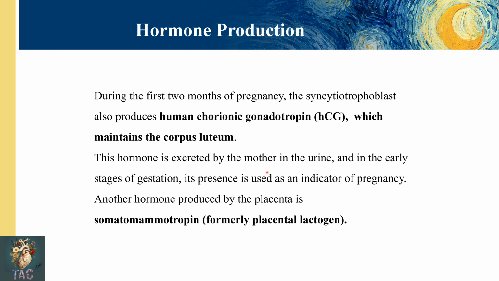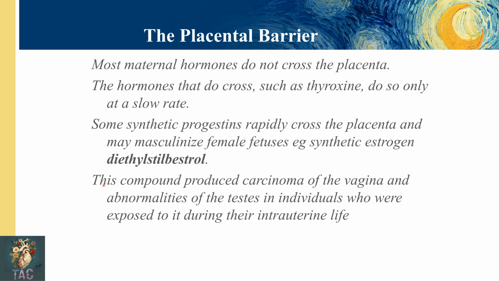This hormone is excreted by the mother in urine, and in early stages of gestation its presence is used as an indicator of pregnancy. Another hormone produced by the placenta is somatomammotrophin, previously called human placental lactogen. So these are all the hormones produced by the placenta, and they are very important.